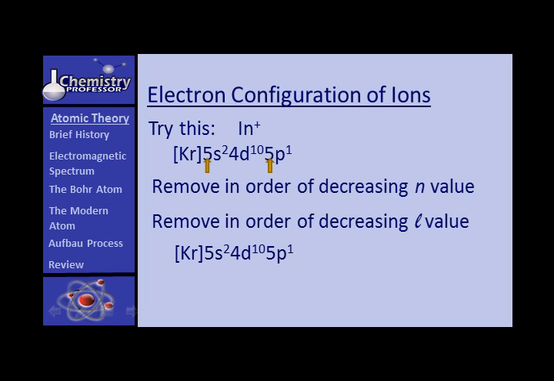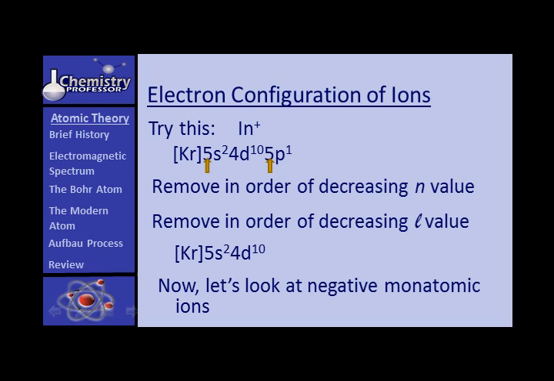So the higher l value is the p, so we lose that one. And here is the electron configuration of the indium +1 cation. Got the idea? So remember that. The first rule is to remove in order of decreasing n value. The second rule is remove in order of decreasing l value.